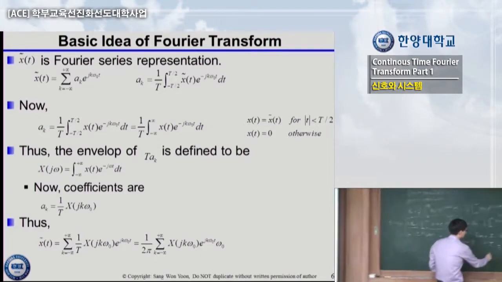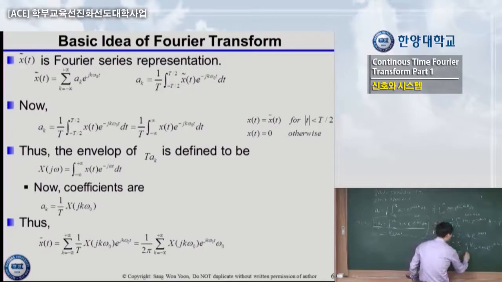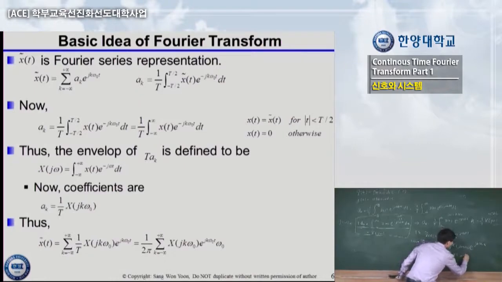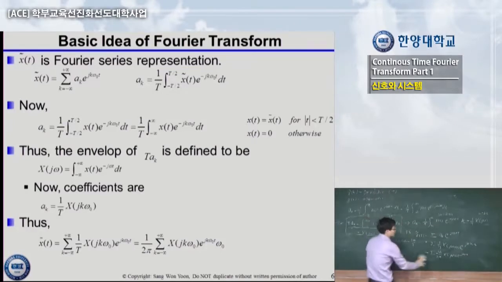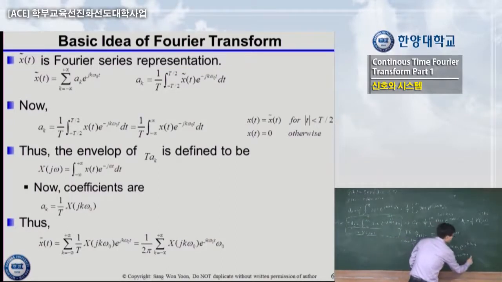So in here we have 1 over T is omega 0 over 2 pi, X(jkω0), exponential jkω0t, right? So let's move this one to the back side for a minute.